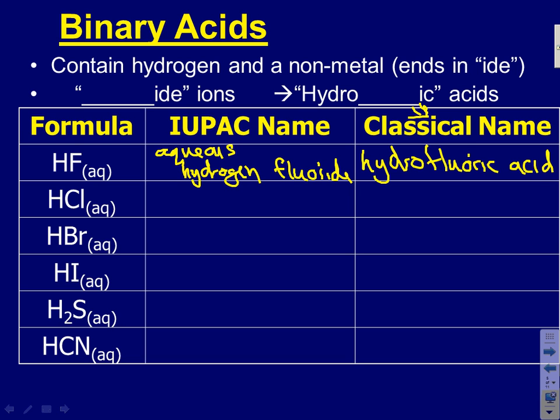So the IUPAC name is actually quite simple. It simply names all of the parts of the acid. It's aqueous, it has a hydrogen, and it has a fluoride. Aqueous hydrogen fluoride. When we go to the classical name, the fluoride goes into there, and it becomes hydrofluoric acid.